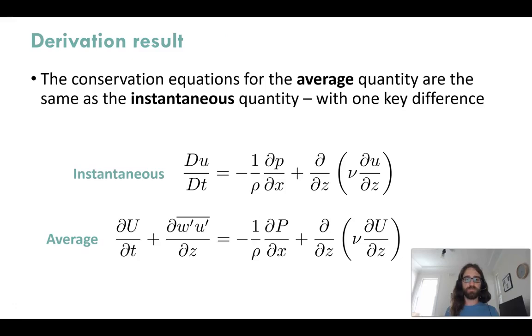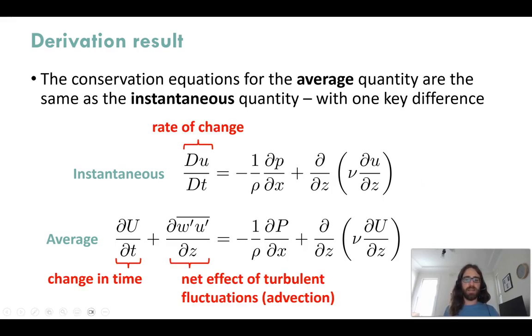Lastly, we applied time averaging to the overall decomposed equations, including applying a number of different averaging operator rules. The final derived result gave us the average conservation equations, and they look very similar to the instantaneous conservation equations that we started off with, with one key difference. And that is that this rate of change that we had previously not defined can be expressed in terms of two components.